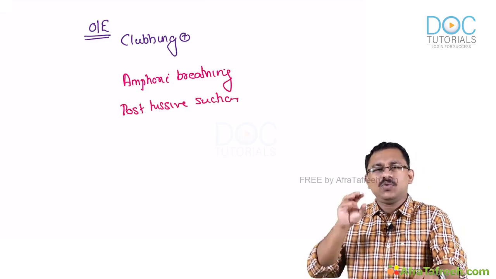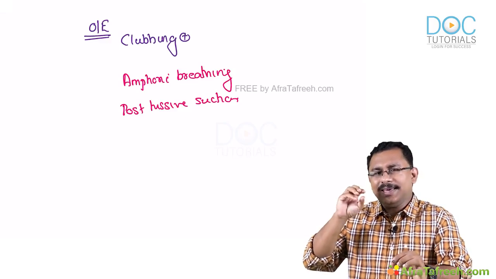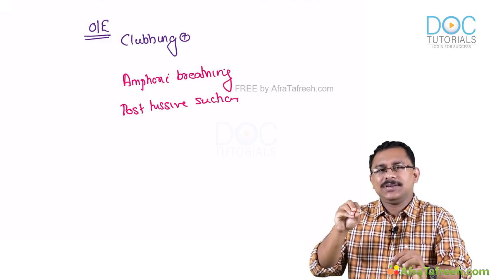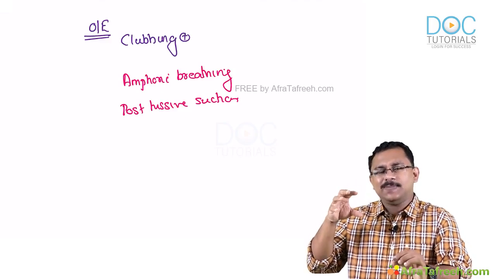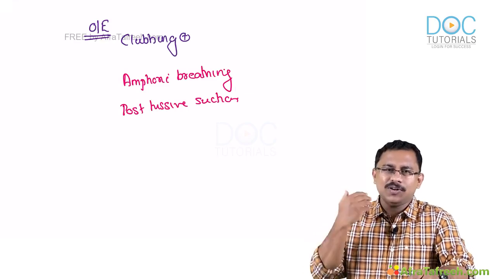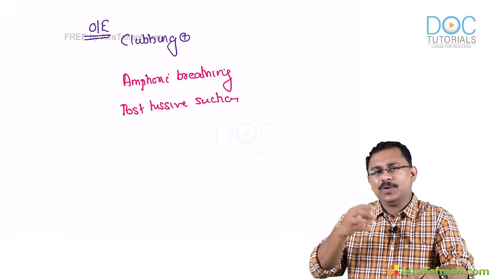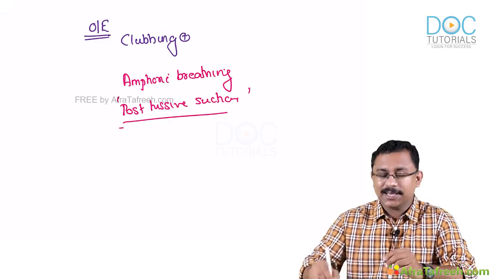That is because when you cough, the cavity initially might collapse, but then when the air gushes in, the cavity again expands, so there is a suction sound. So after this cough, when the air is sucked in, there will be a suction sound that is produced, that is your post tussive suction.